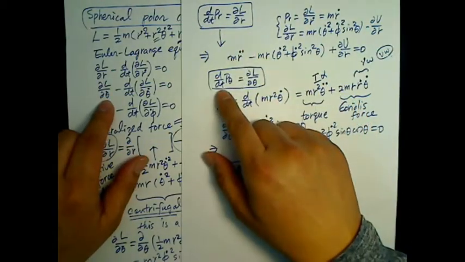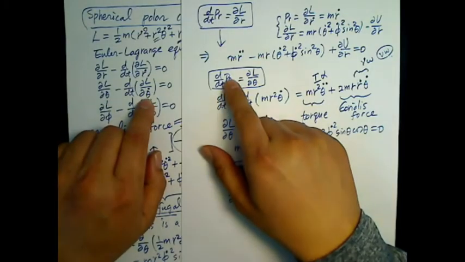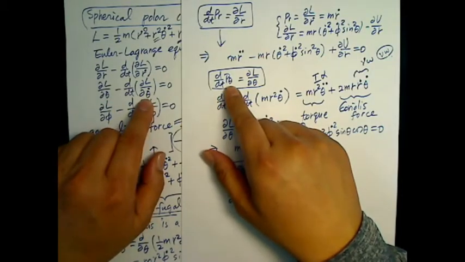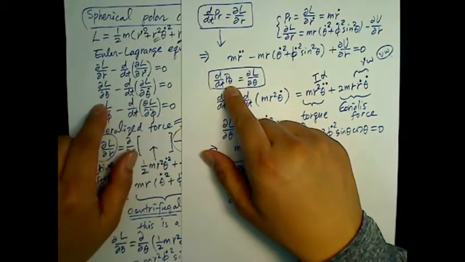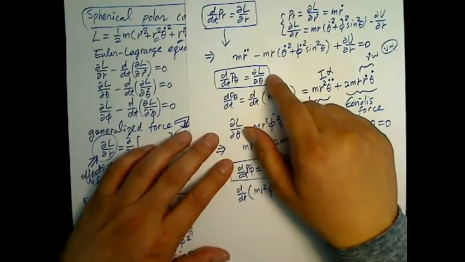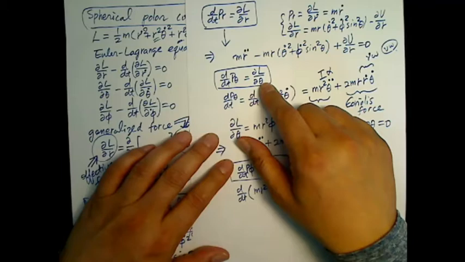And second one, time derivative of conjugate momentum p theta equals the Lagrangian's partial derivative with respect to theta.